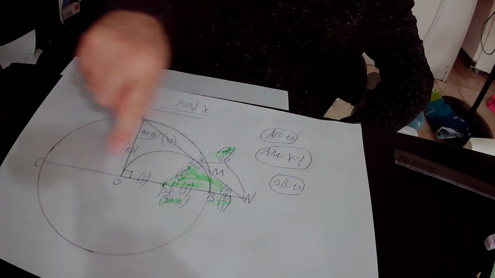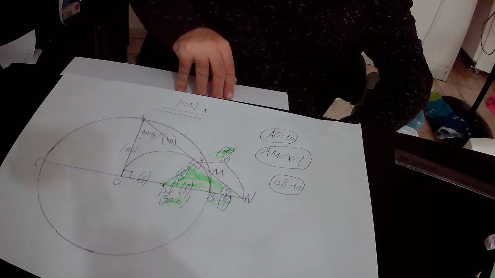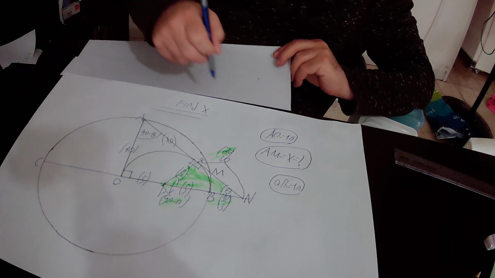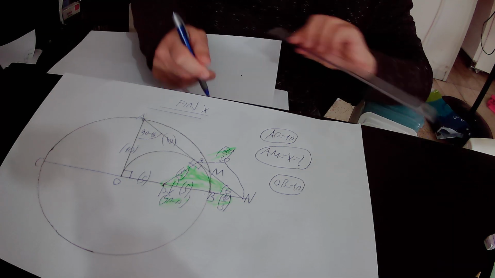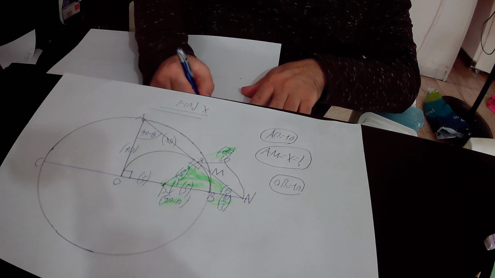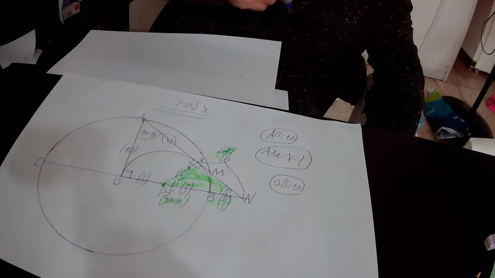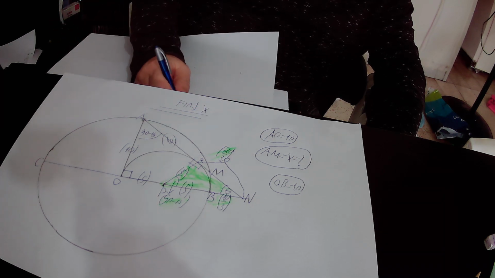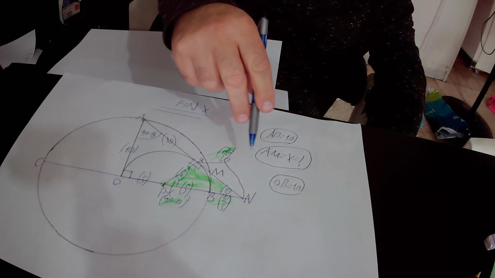So I write it down. If we focus on the common start point N, we get that NB times NC equals NM times NA.